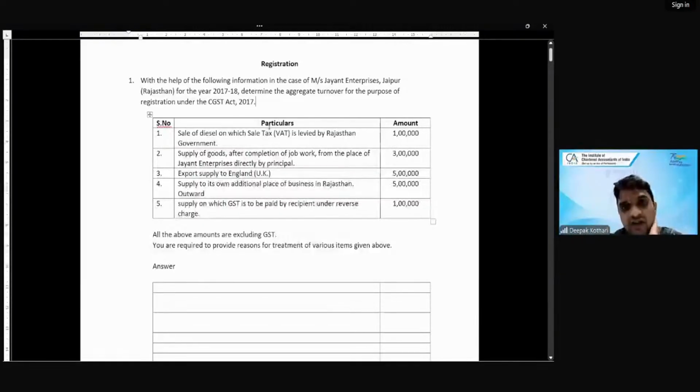The particulars given to us are: sale of diesel on which sales tax or VAT is levied by the Rajasthan government. We know that GST came in July 2017. So, since GST came in July 2017, can there be collection of sales tax by the Rajasthan government, first of all?